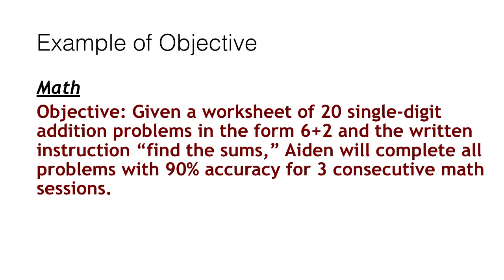So the objective is really concrete, and this objective includes the 5 core elements, right? So that's the general understanding of the difference between goal and objectives.